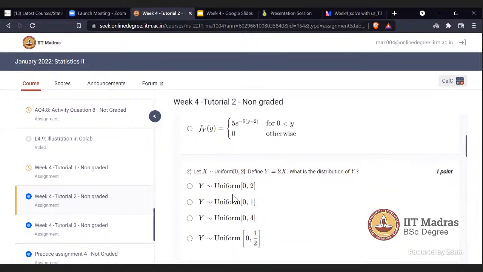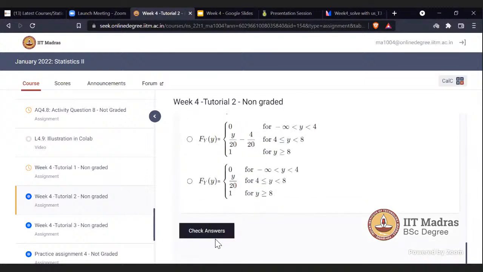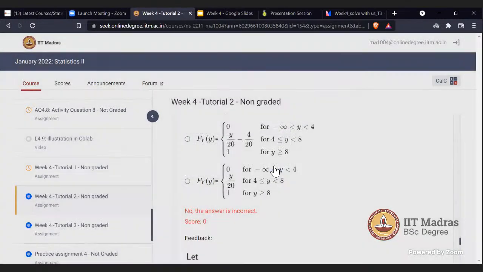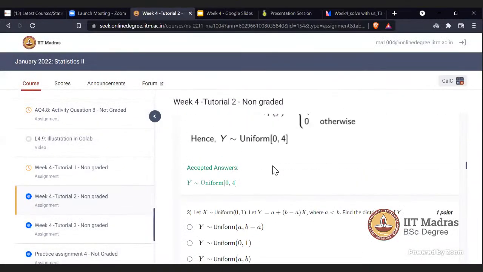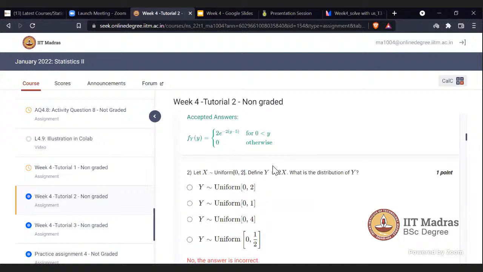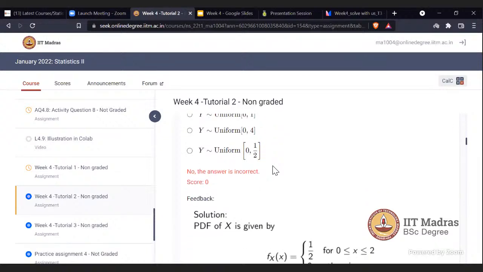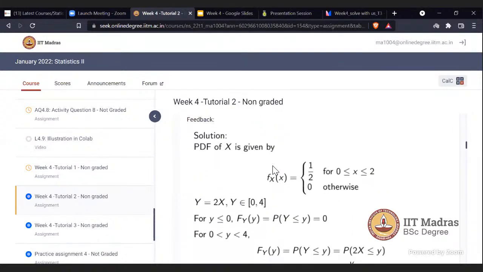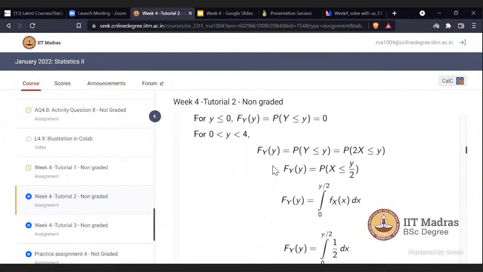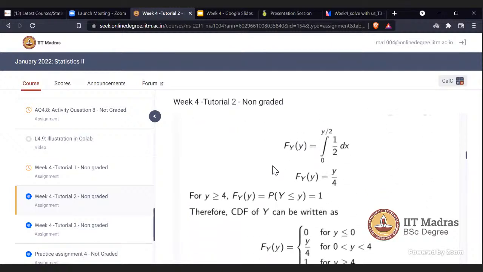While solving, go to the solution PDF and go down. Some steps are unclear.